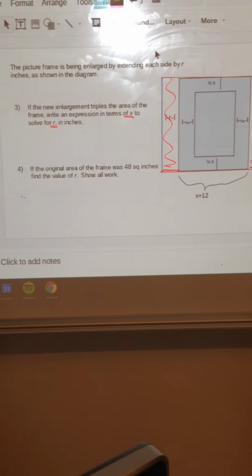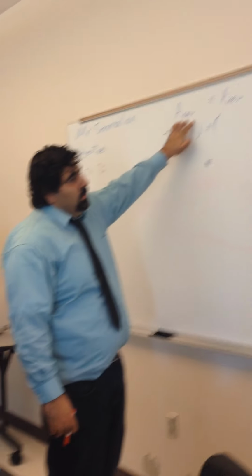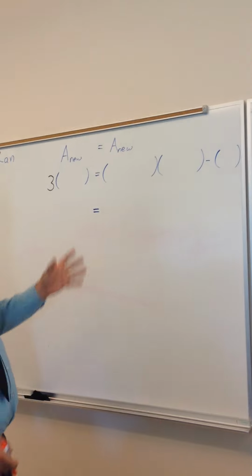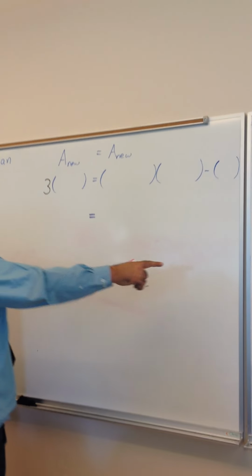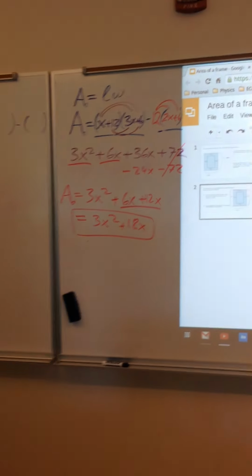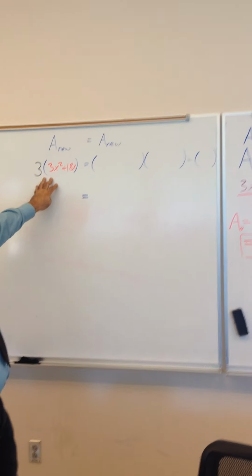You first understand that you have the original area and it was tripled. So I can just copy down 3 times what we did earlier, which was 3x squared plus 18x. That will represent 3 times the area they're talking about.